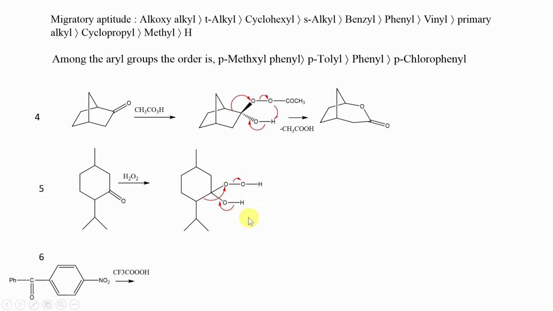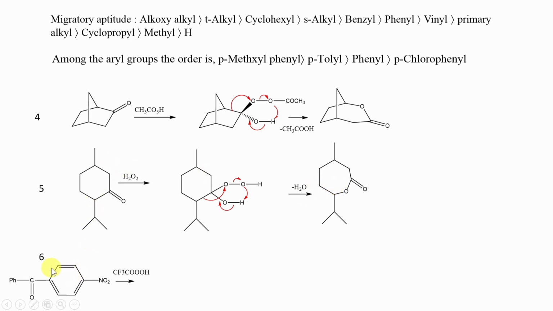Then you can see this proton is captured by this oxygen, whereby a double bond is formed here. Then this lactone is produced with the elimination of water. That is the mechanism of this Baeyer-Villiger oxidation reaction.